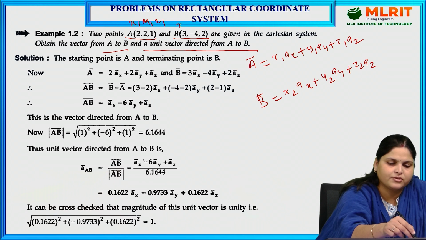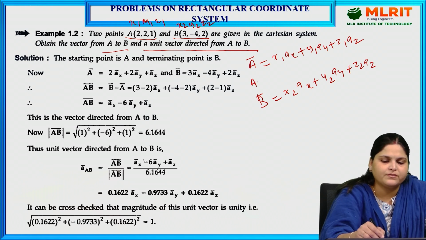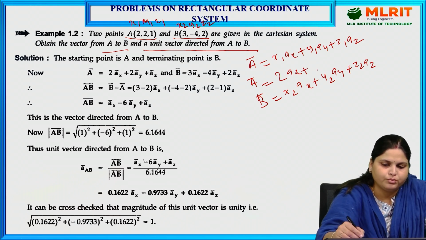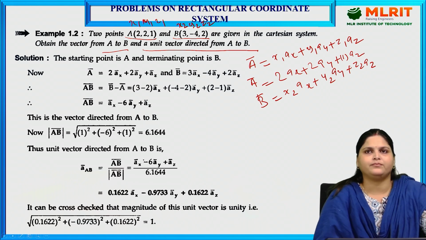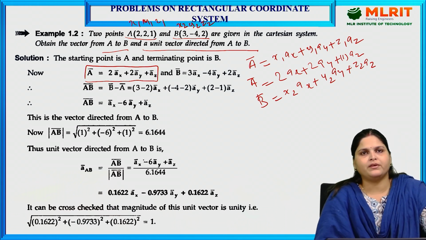Now these values we need to put into this formula, so this will become 2ax plus 2ay plus az.